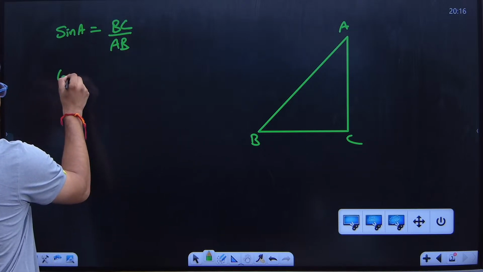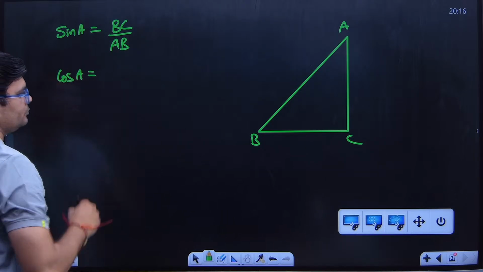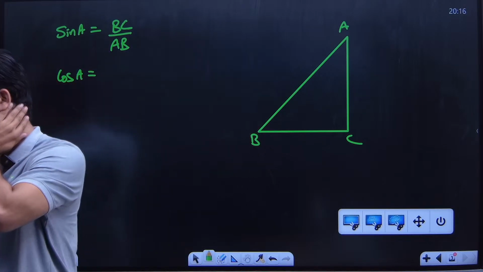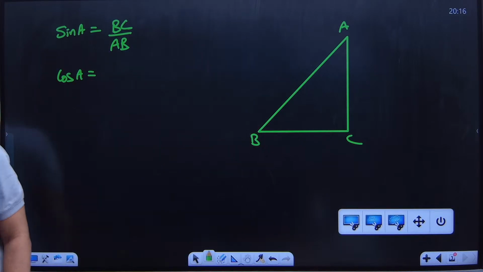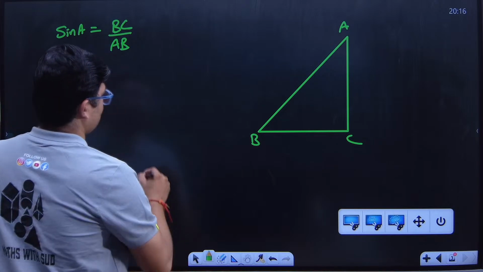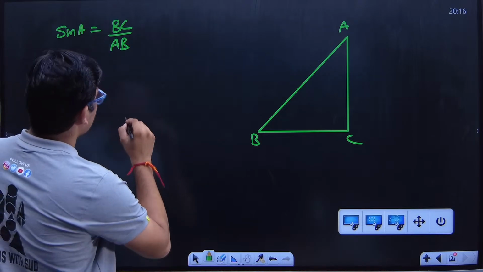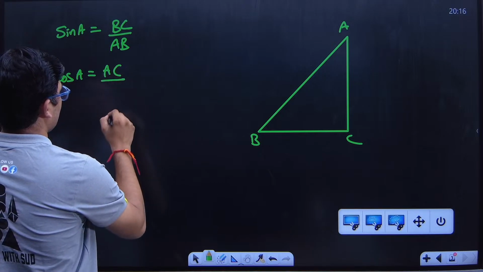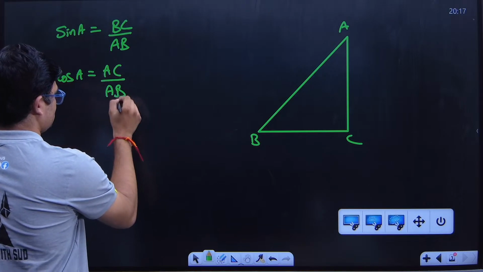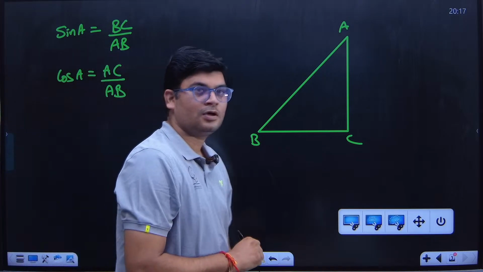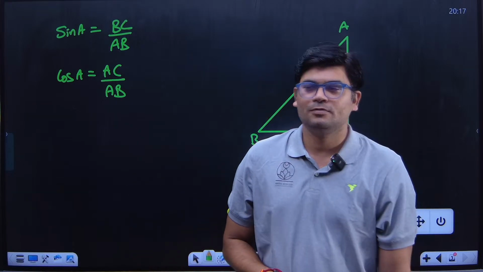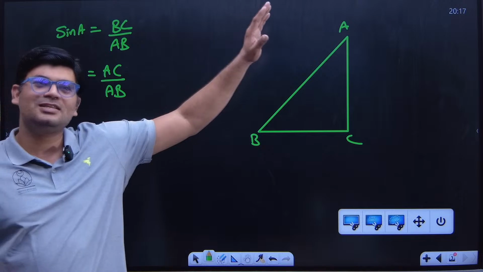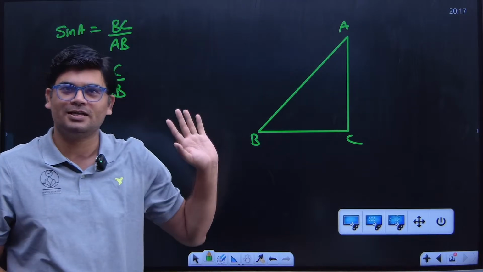What will be cos A? So it'll be CA upon BA. Yes, see, you should not take time for going for sine and cos. The denominator is the longest side.